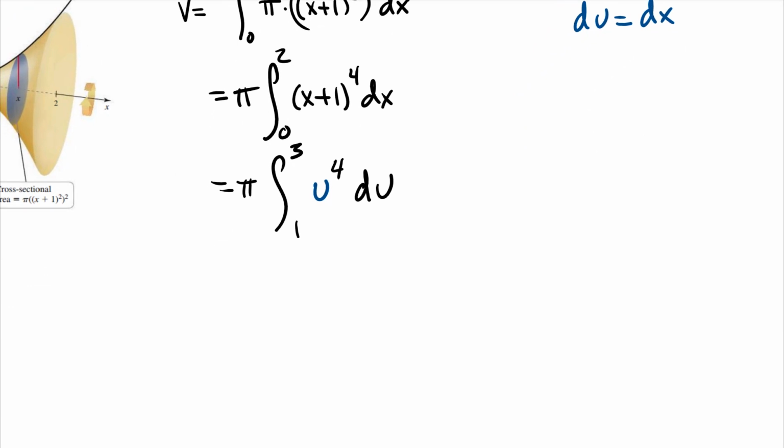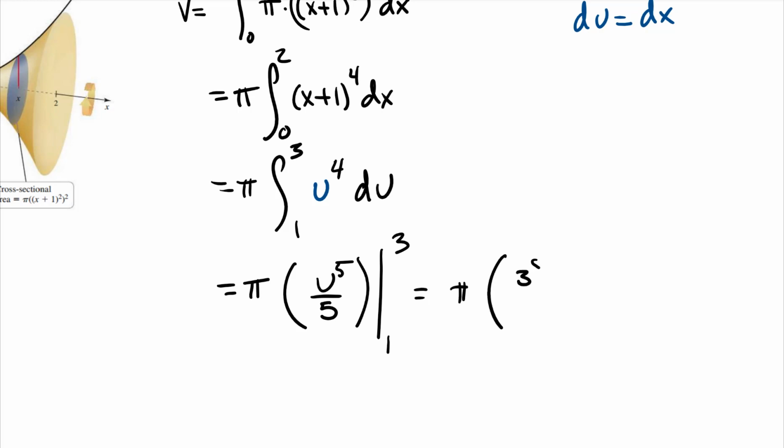All right, so it's pi times u to the 5th over 5, evaluated from 1 to 3. That's pi times 3 to the 5th over 5 minus 1 to the 5th over 5.